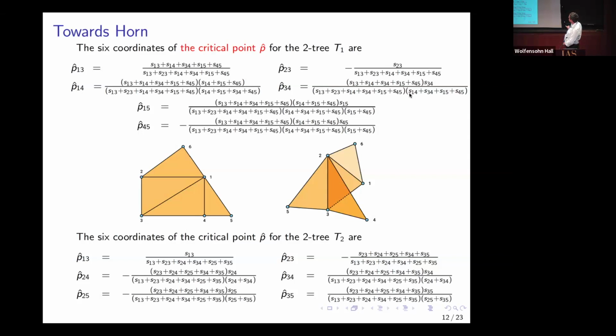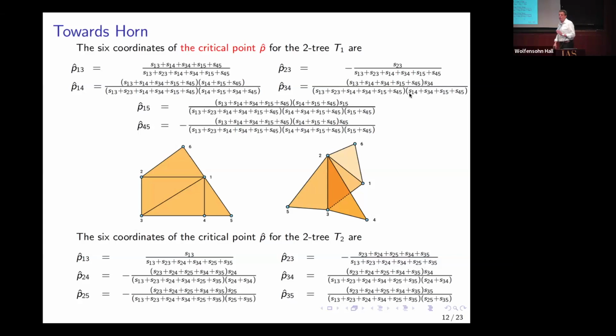This is a linear divided by another linear, here cubic divided by cubic. And down here is the analogous thing for this 2 tree, and this is indexed by the edges. So here the indices are the non-trivial edges of our tree.